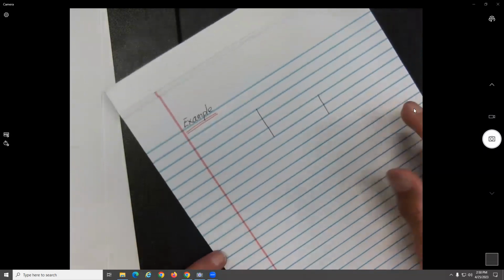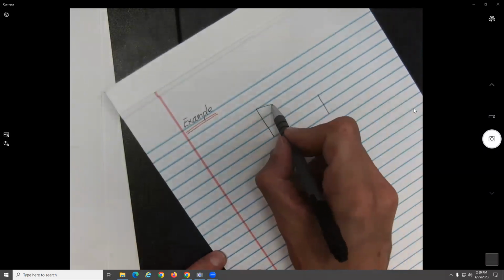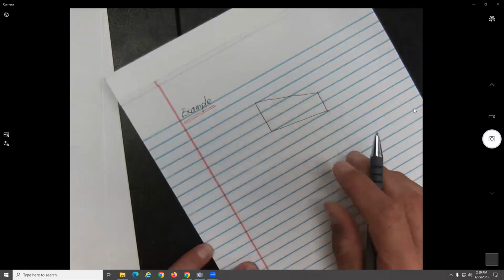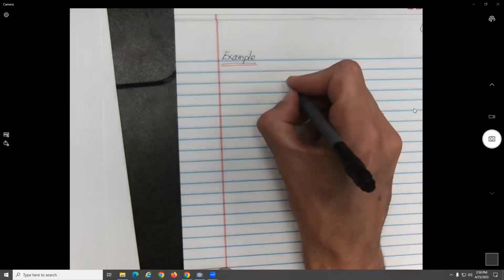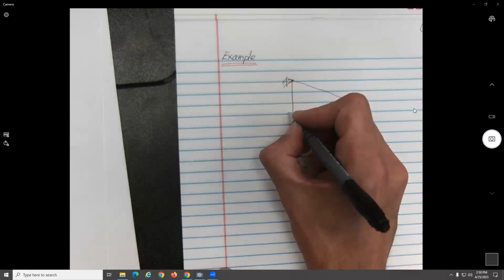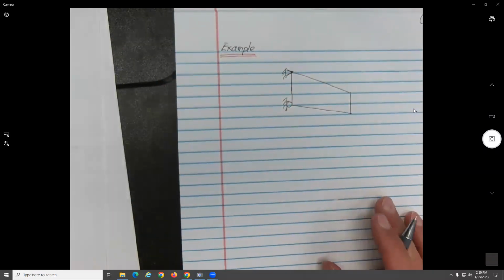It's not going to be to scale at all. If you want to look at the boundary conditions, it doesn't matter.